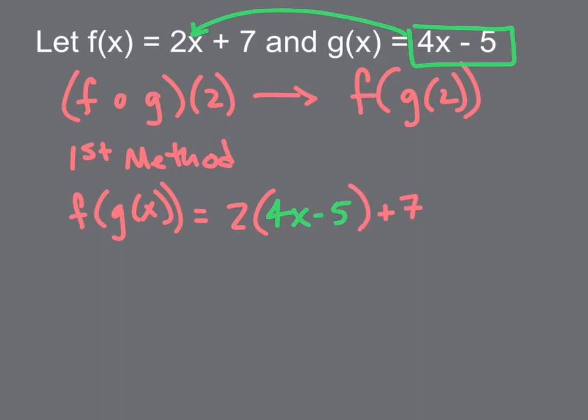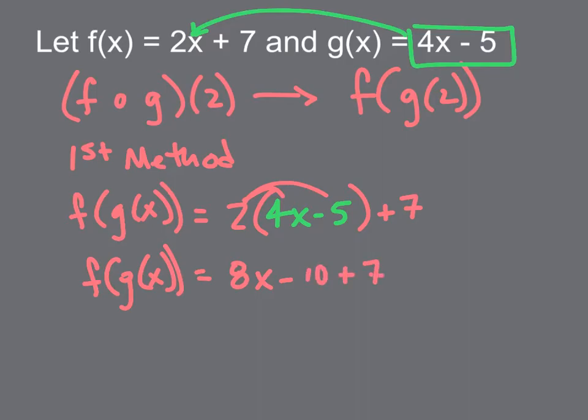If we evaluate that, that's going to give us 8x minus 10, and then plus 7, so f of g of x is equal to 8x minus 3. Now what we want to do is plug in 2 into our x value and get a y value as a result.